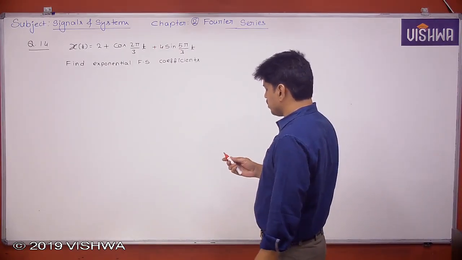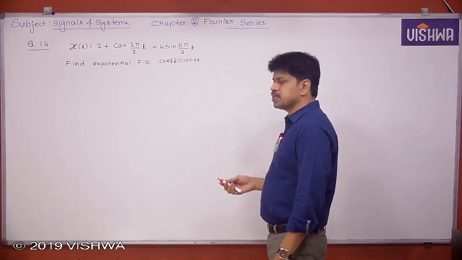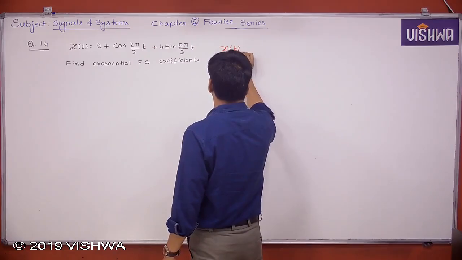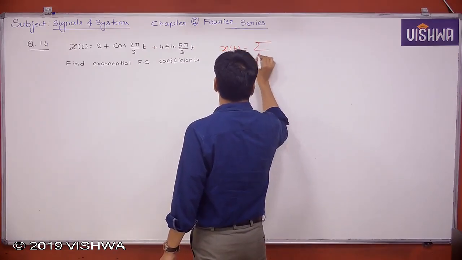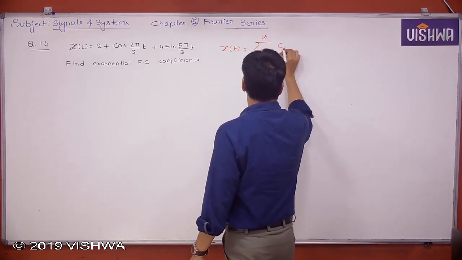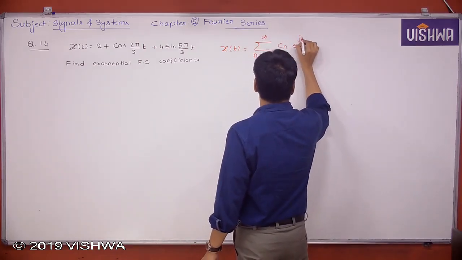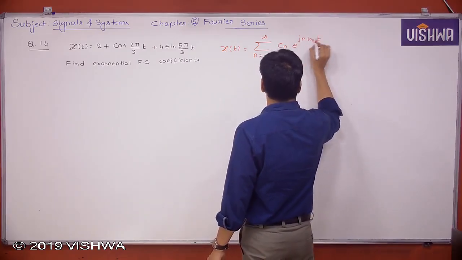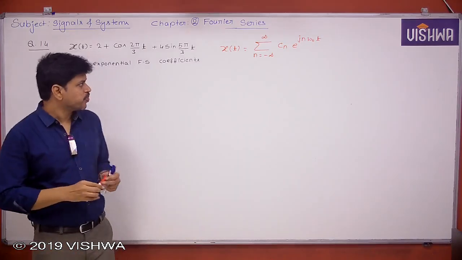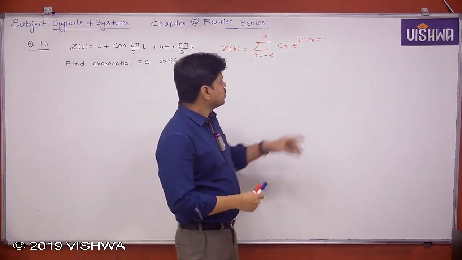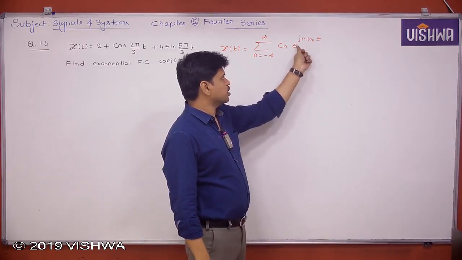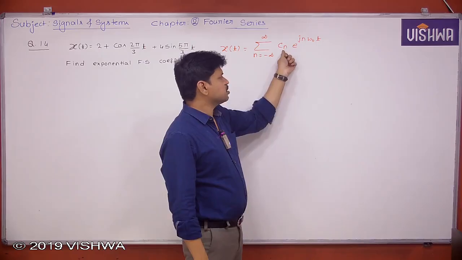What is the x(t) representation in the exponential Fourier series? x(t) is equal to summation n equals minus infinity to infinity Cn e^(jnω0t). So this is the exponential Fourier series representation. If I ask e^(jnω0t), what is the coefficient for it?